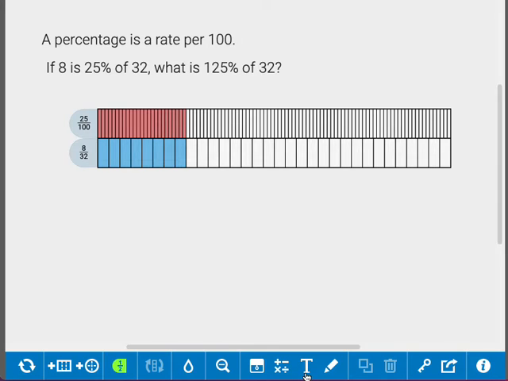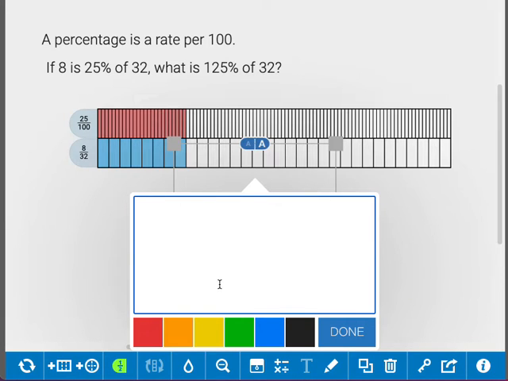Or another way I could think about this is to recognize that 100% of a number is that entire number. So 100% of 32 is 32. So if I take 100% and I add 25%, then I'm going to get 125%. I'm going to line those up.